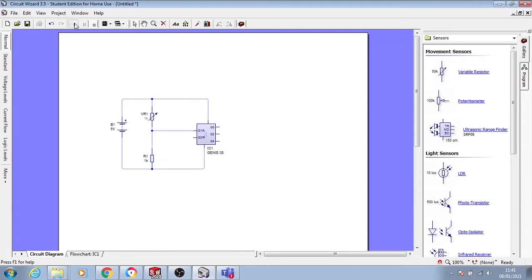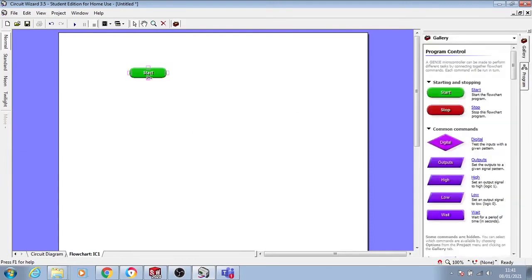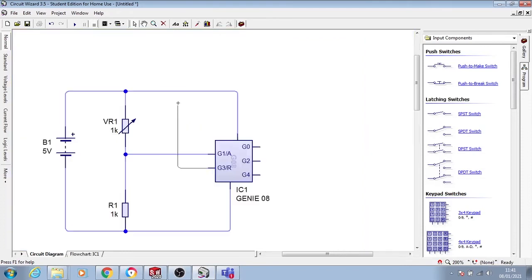So when we press play, like I said before, if you're future-proofing a project file that you want to put a circuit in, a flowchart in later, just do that. Do a dummy blank flowchart like that, and then it will work. You'll also, in real life, for this to work, want to connect that pin where it says R to plus volts.